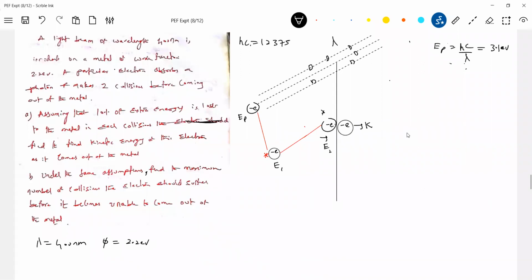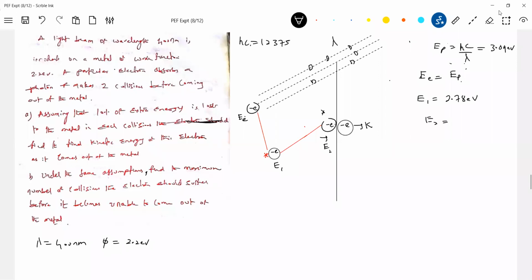Now what should happen to that energy after the first collision? The energy of the electron after interacting with the photon, let it be EP. 10% is lost. We can't neglect this, so EP is 3.09. Removing 10%, we get 2.78 electron volt.